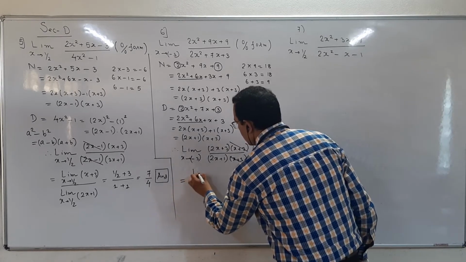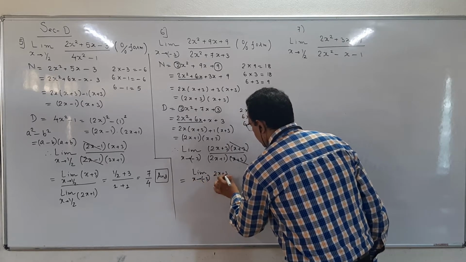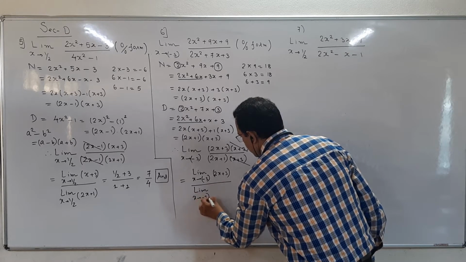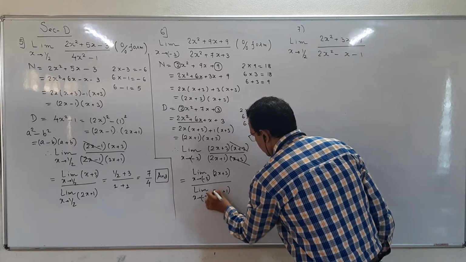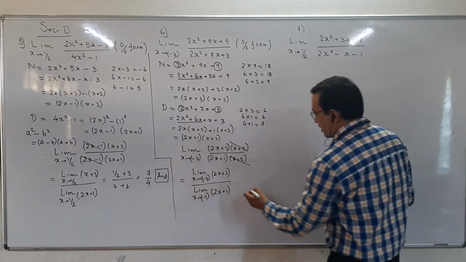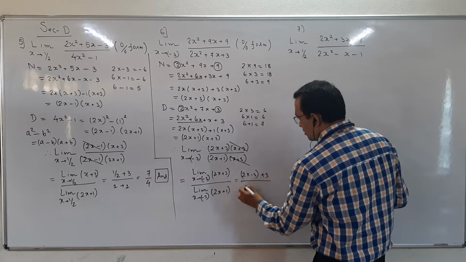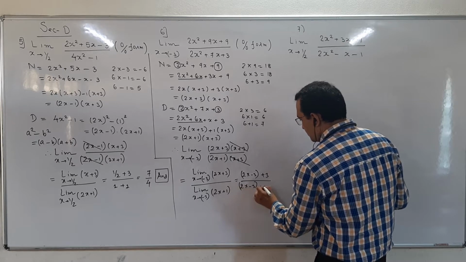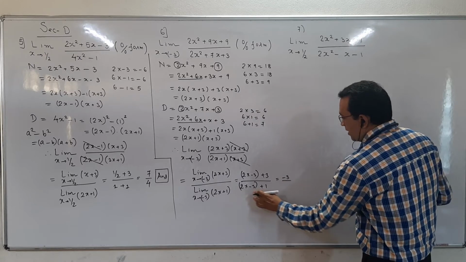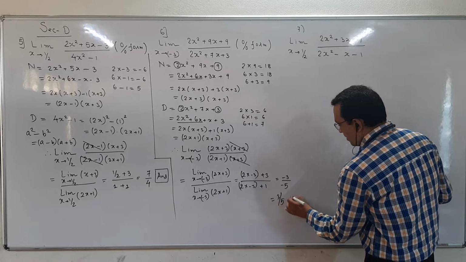So this is equal to limit of f, which is 2x plus 3, divided by limit of g, which is 2x plus 1. So replace x by minus 3. So 2 into minus 3 plus 3 upon 2 into minus 3 plus 1, minus 6 plus 3, so minus 3, minus 6 plus 1, so minus 5. So the answer is 3 by 5.